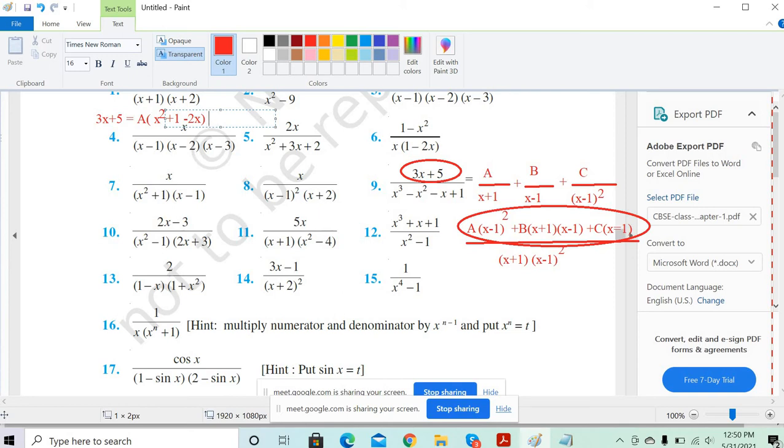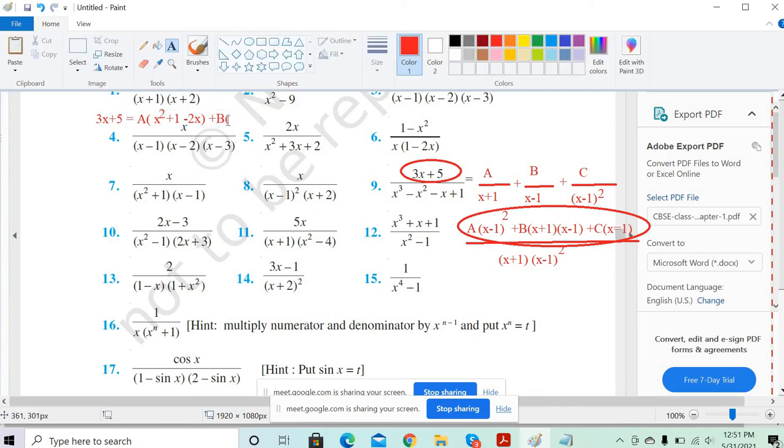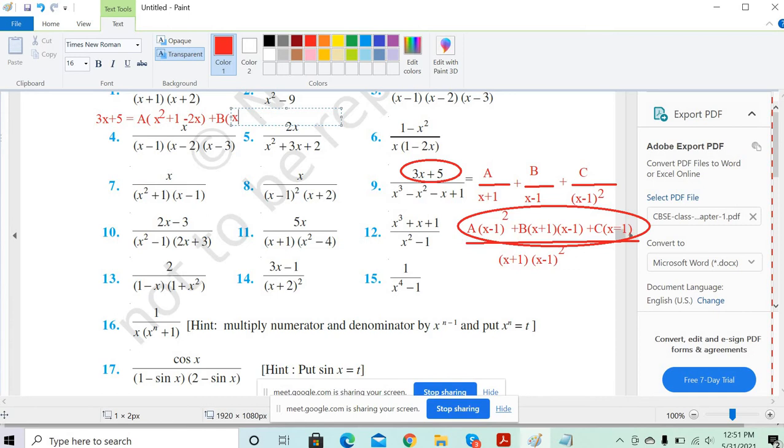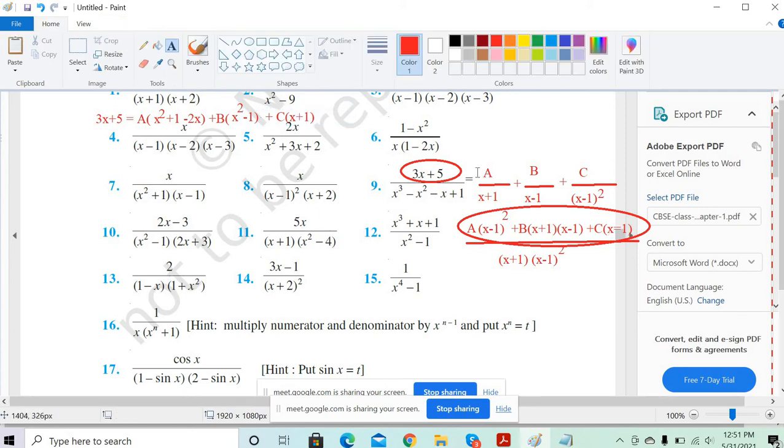Plus B. B is nothing but x plus 1 into x minus 1, will be x square minus 1. Plus C, x minus 1 x plus 1, right? This is x plus 1 because x minus 1 whole square, so left is x plus 1, right? Clear?